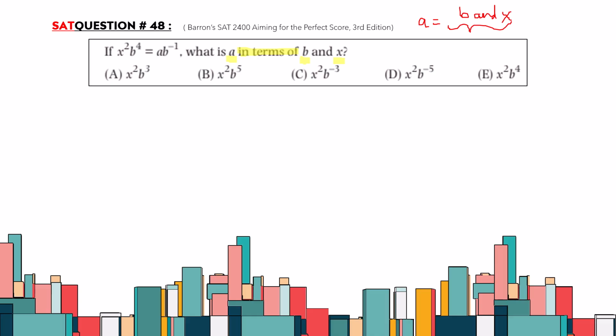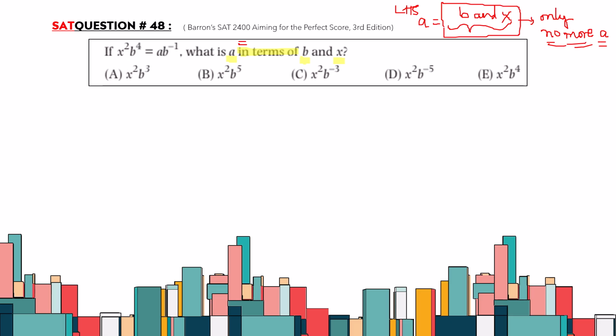In terms of means you solve for a, and the result on the right hand side only includes b and x. No more a on this side. A on the left hand side equals only b and x on the right hand side, no more a.